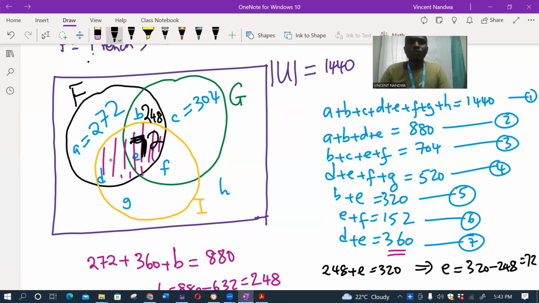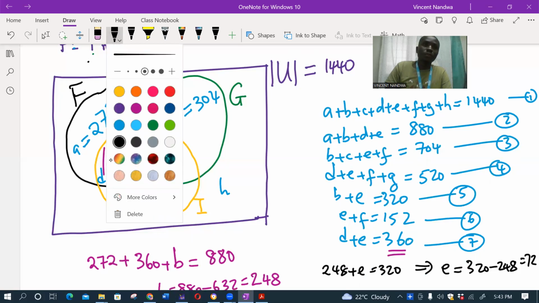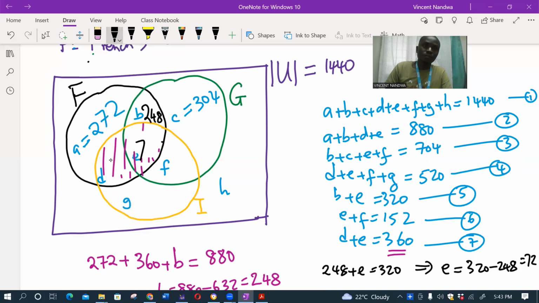So E is 72. Next, having E as 72, we know that E plus F should give us a total of 152.